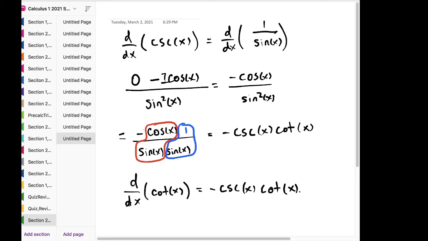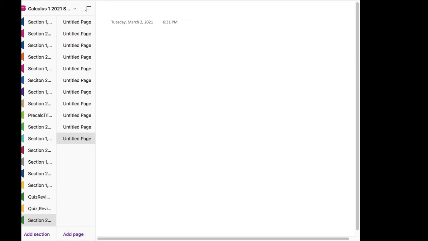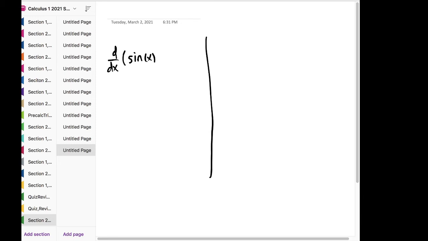All right, so let's write out all the trig functions and see if there's a pattern. What is the derivative of sine? Cosine. Good. What is the derivative of cosine? Good, negative sine.